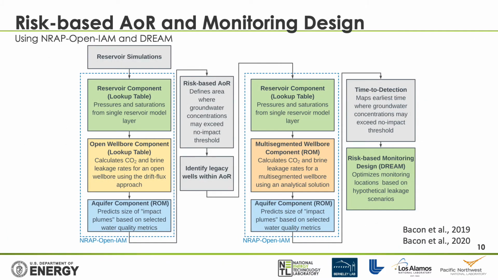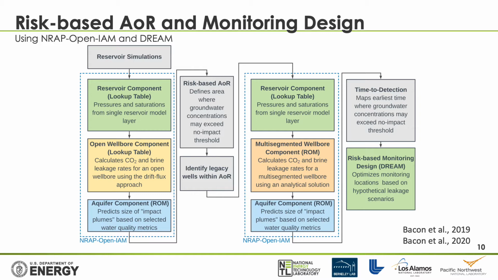This shows a workflow for performing risk-based area of review and monitoring design using NRAP OpenIAM and DREAM. To begin with, reservoir simulations of carbon storage are used to develop reservoir lookup table components for NRAP OpenIAM. Then, NRAP OpenIAM is applied twice.